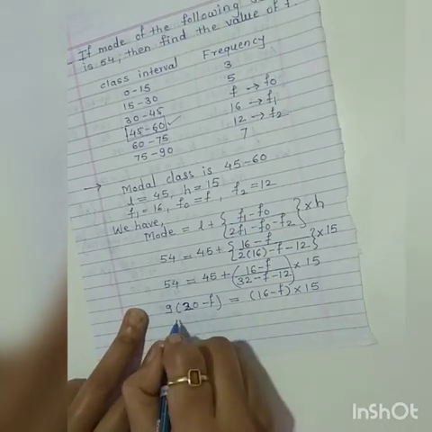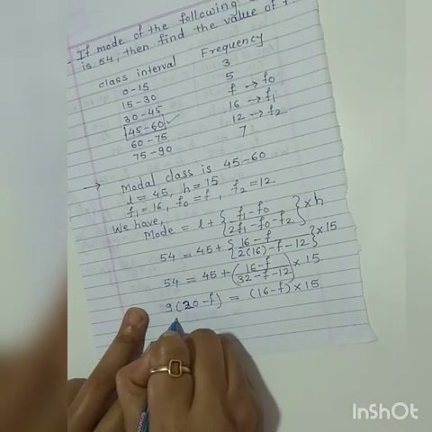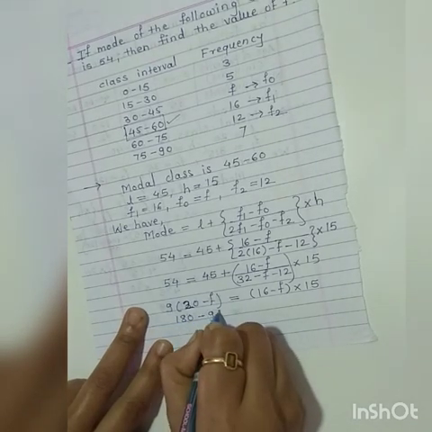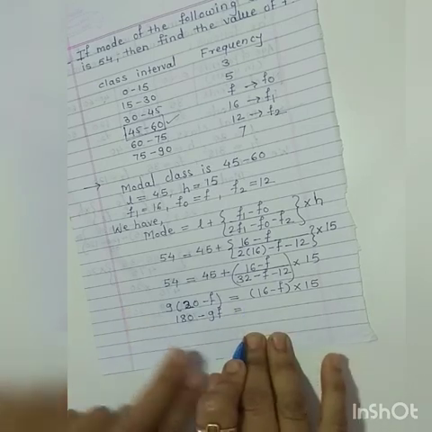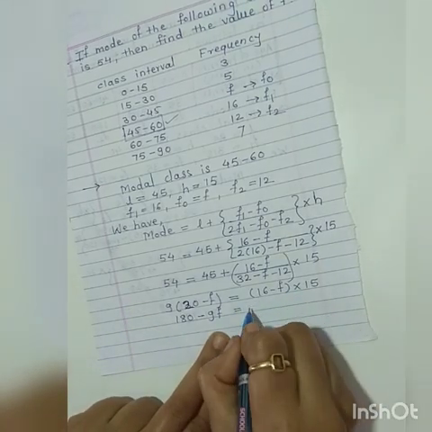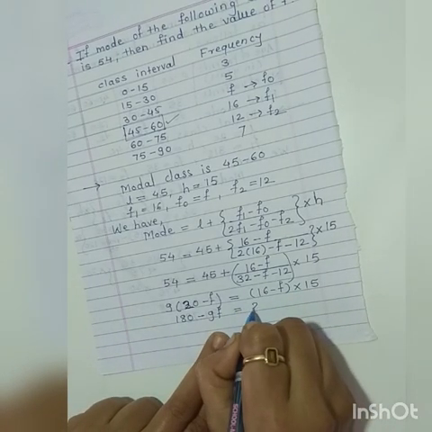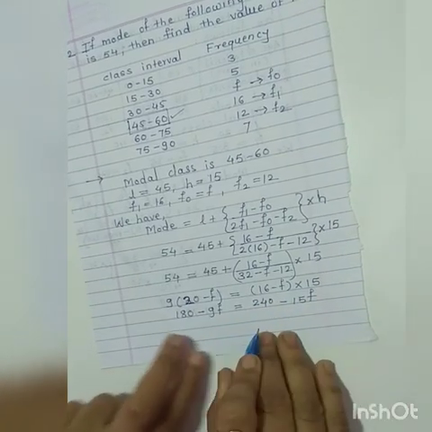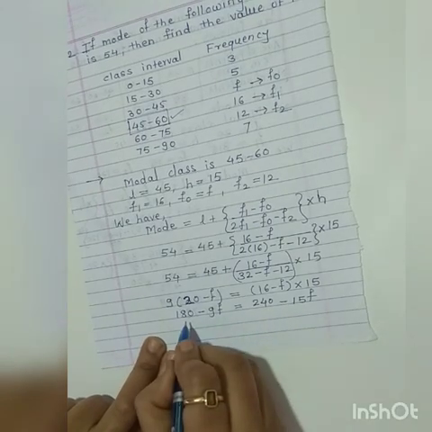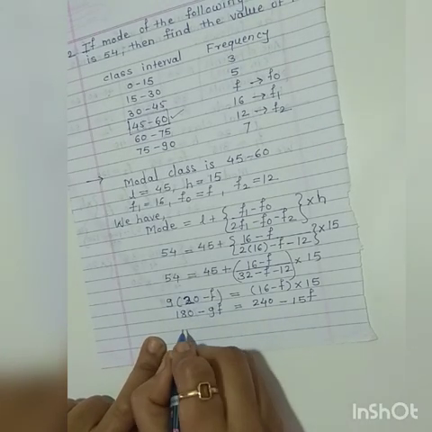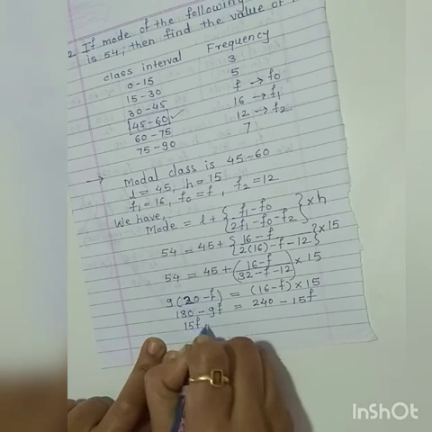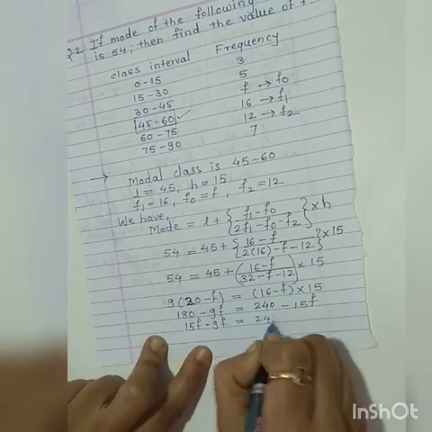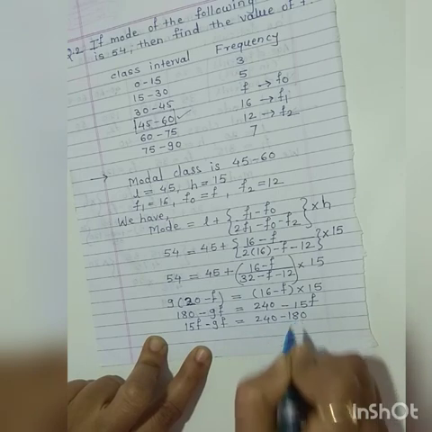Now multiply inside the bracket. So here 20 into 9 is 180, minus 9f, is equal to 15 into 16, which is 240, minus 15f. Now take the terms with f on one side. So 15f minus 9f is equal to 240 minus 180.